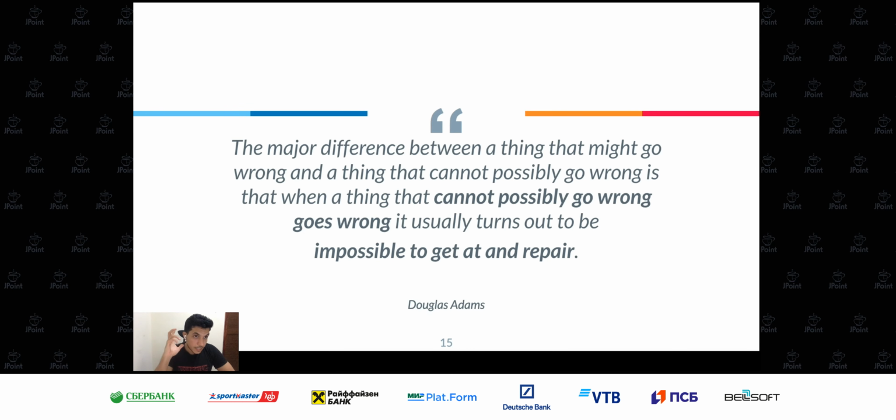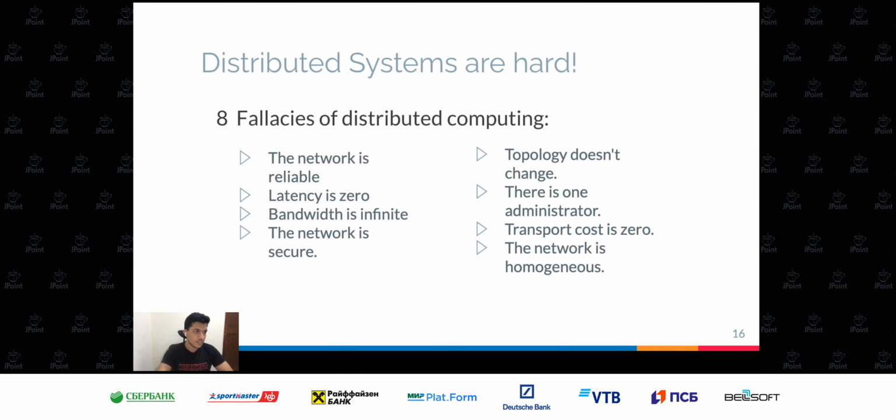Services may unexpectedly restart, changing their state, changing their version, and so on. If there were no errors, distributed systems would be basically really simple and easy to use, but this is not really the case. Distributed systems are really hard. And as I've mentioned previously, those are not necessarily new problems.